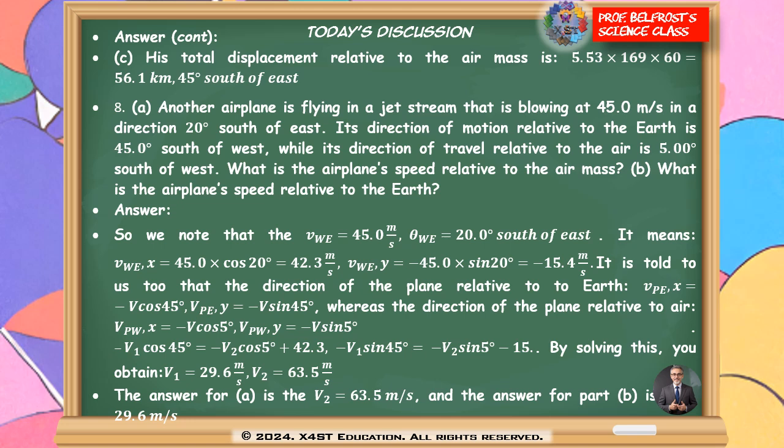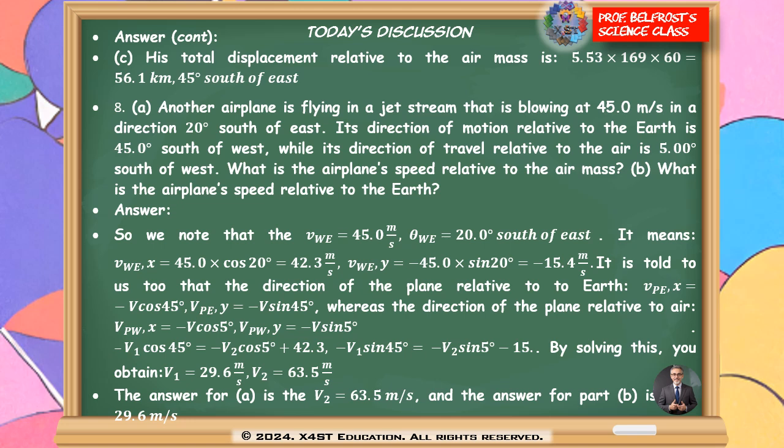So we know that we can create some variables for the information that we needed. We can extract it. Wind relative to Earth, I write it as WE, and you can see I extract the x and y components of the velocity.